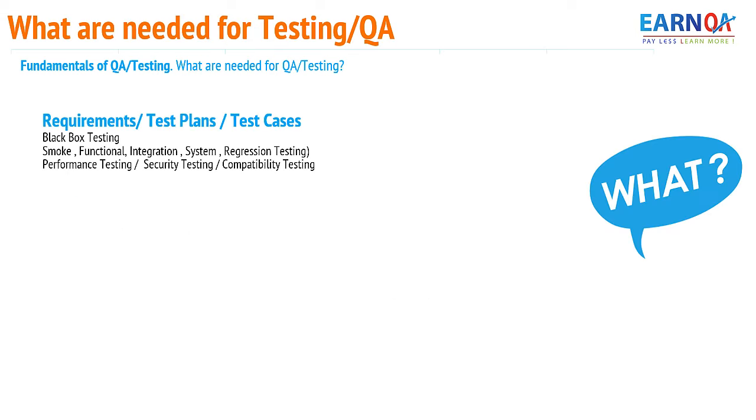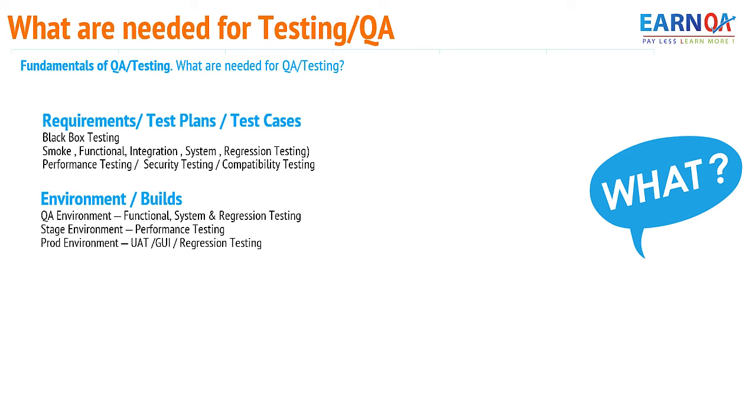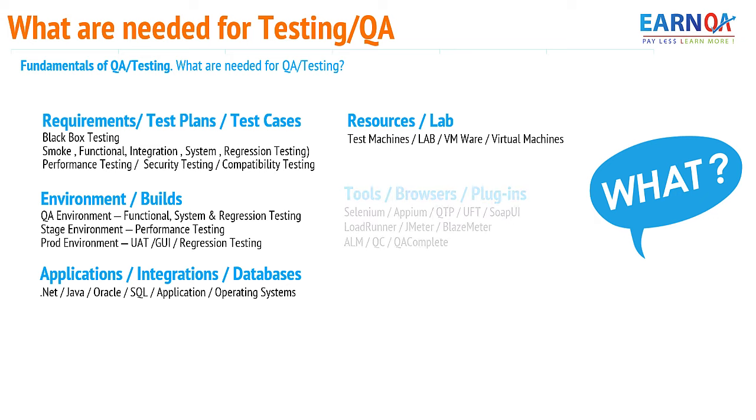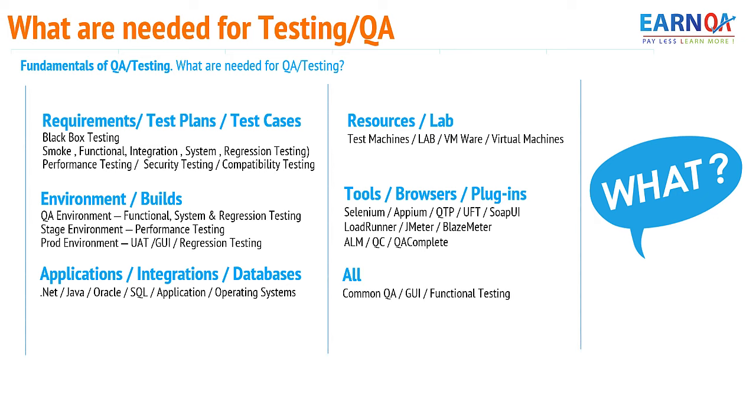And then what is required? There are so many things. We require requirements, business use cases, test plans, test cases, environment, the application build to be validated, integrations, databases, operating systems, test machines, labs, virtual machines, setups, tools, browsers, plugins, and everything essential to certify the application.